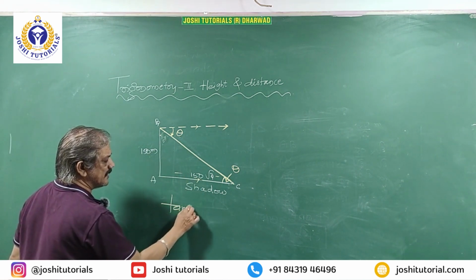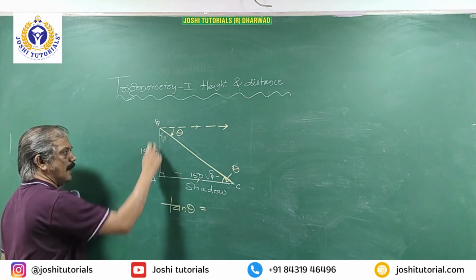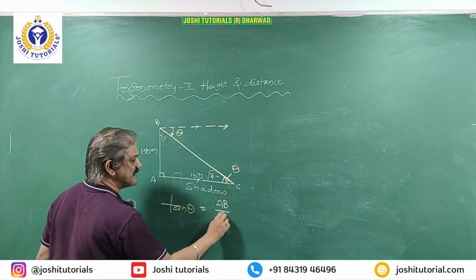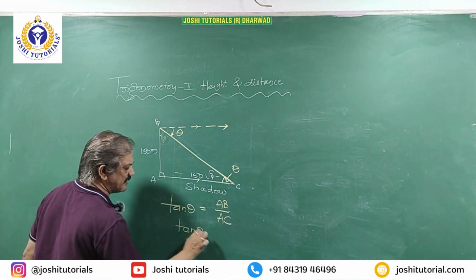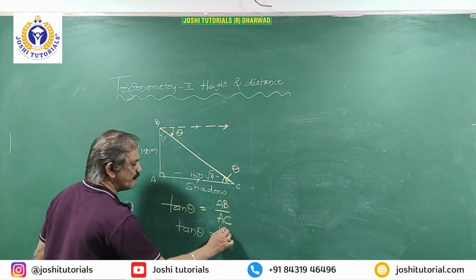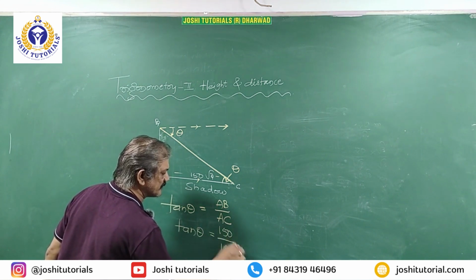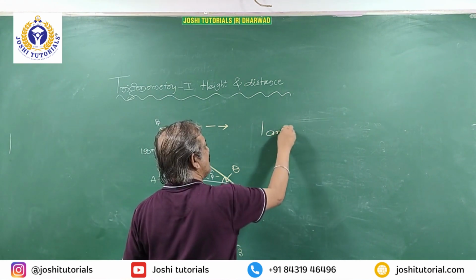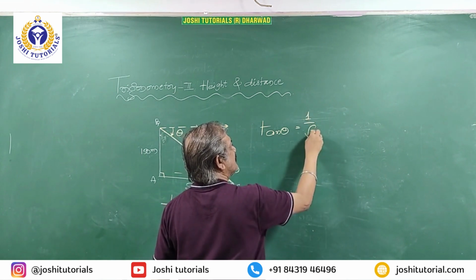You can use tan theta equal to opposite AB divided by AC. Tan theta equals 150 divided by 150 root 3. Cancels. I write tan theta is equal to 1 by root 3.